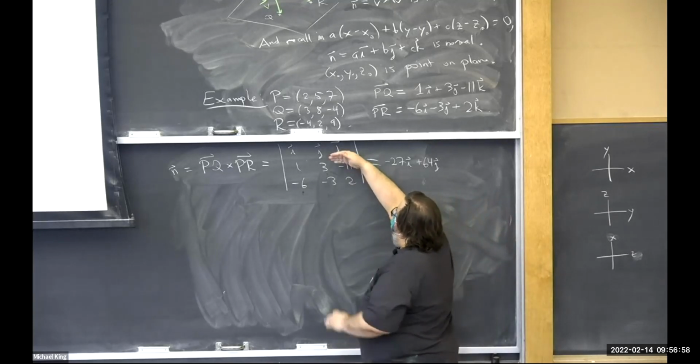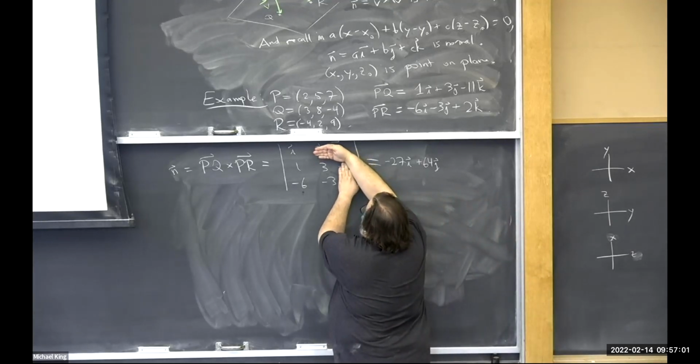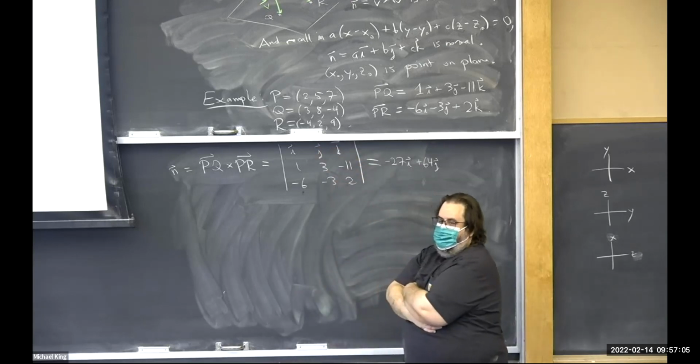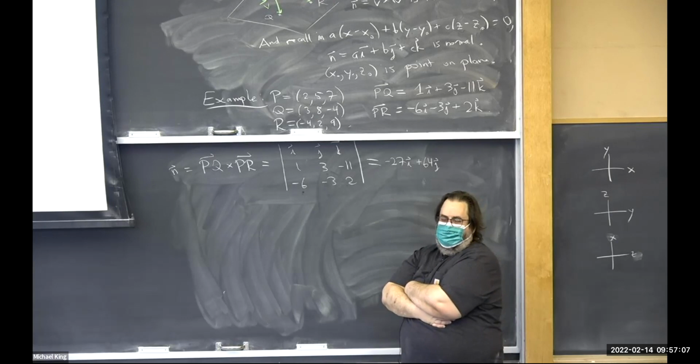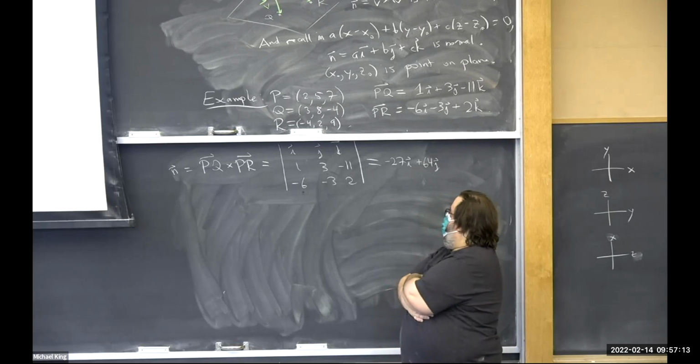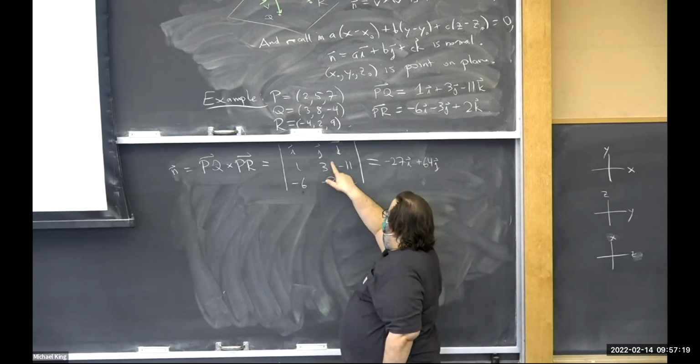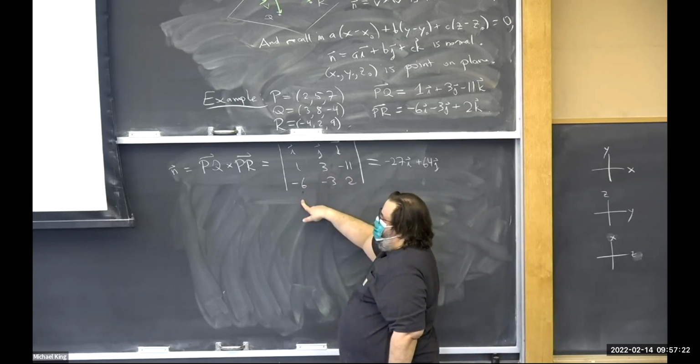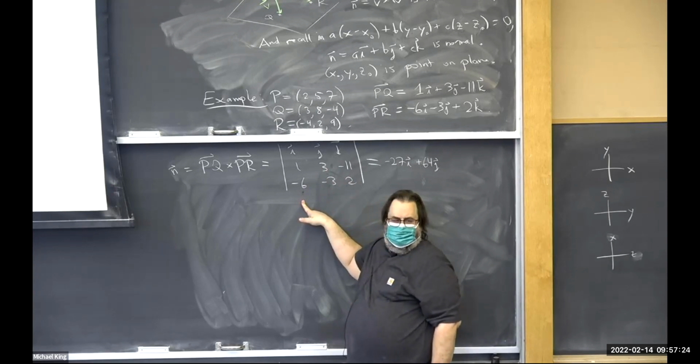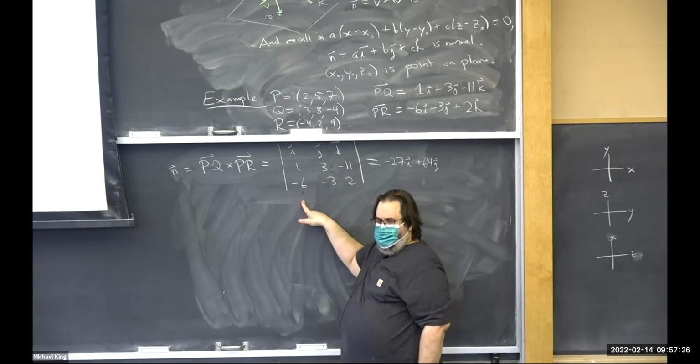And then the k component. Anybody got the k component? Minus, wait, this is minus 3 minus negative 18. Is that right? 15, plus 15k?